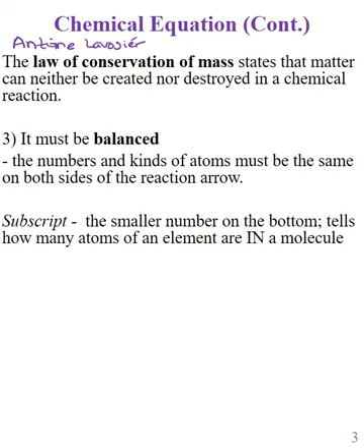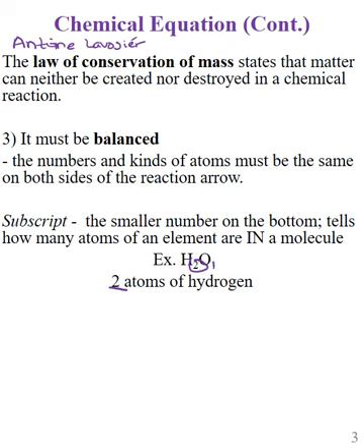Okay, so now we have a subscript, and we can also have a superscript. A subscript is the smaller number on the bottom, and it tells how many atoms of each element are in a molecule. So what is the subscript for H2O? 2. 2 is our subscript. So that tells us that we have 2 atoms of hydrogen. What would be the subscript for oxygen?